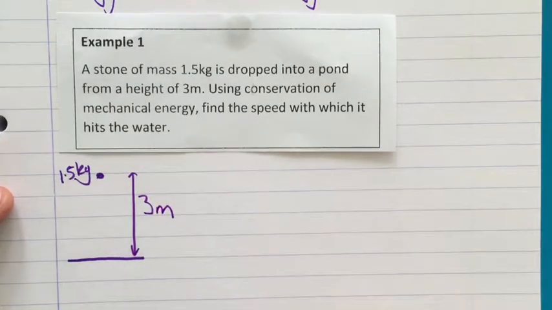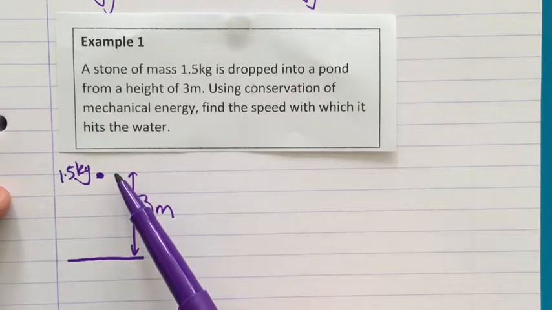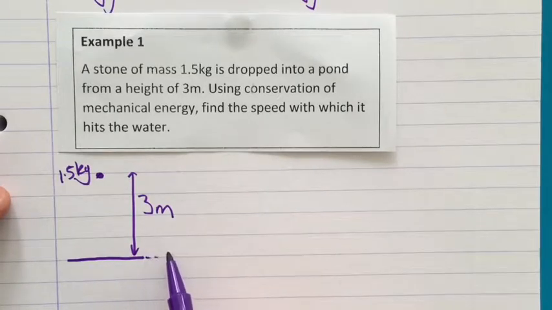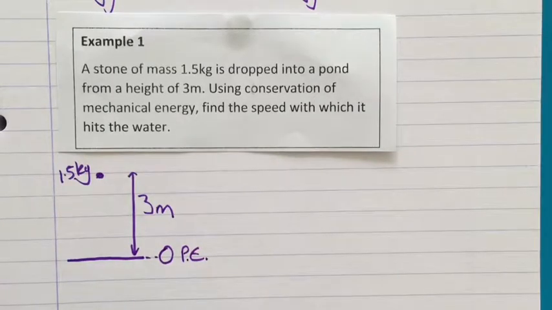One of the really important things on these questions is always define your zero potential energy. As this is my highest point and this is my lowest point, this is where I'm going to take zero potential energy from. So whenever I'm measuring my gravitational potential energy, that is where it is zero. Now I'm going to look at the equation I talked about.